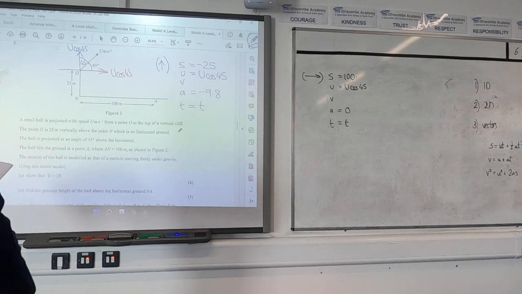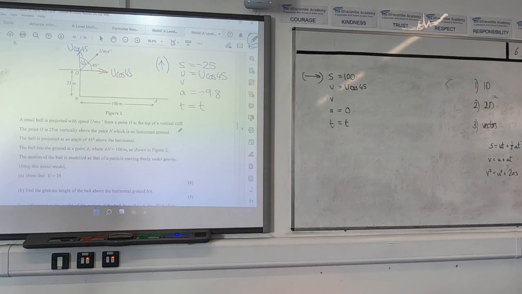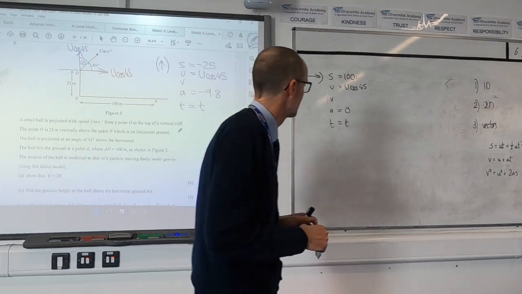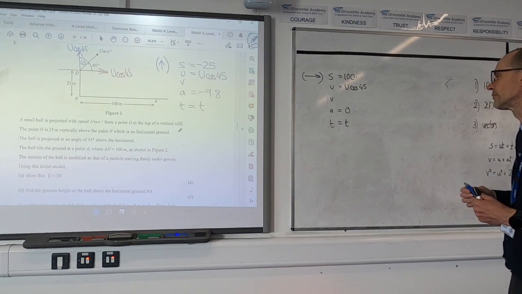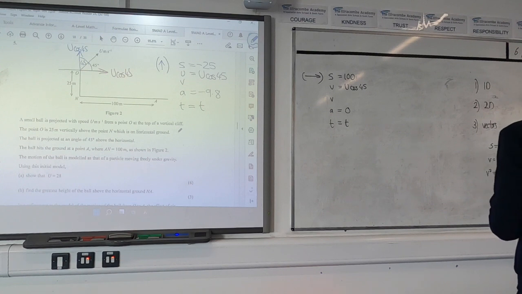And what we're trying to work out is u. 2 missing values, t and u, 2 equations. We should be able to do it. So see if you can do that.